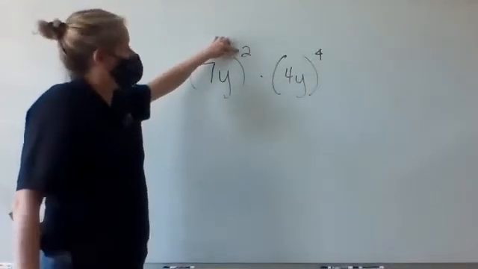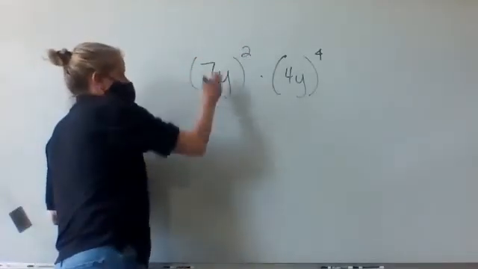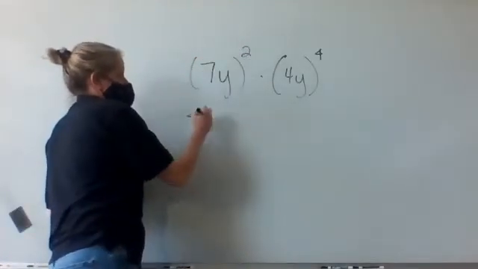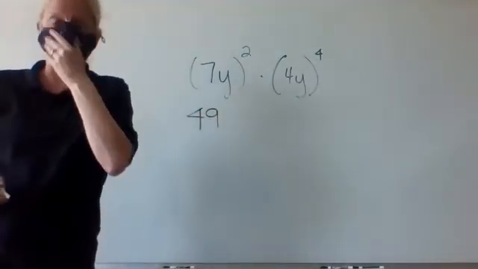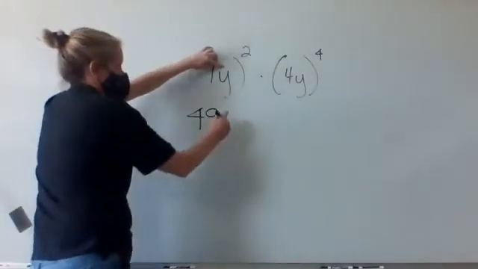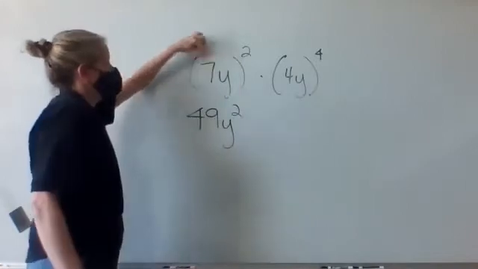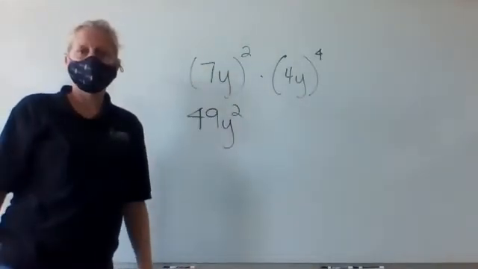So what is 7 squared? 7 times 7 is 49, right? 7 times itself is 49. Y is also squared, so just write y squared.